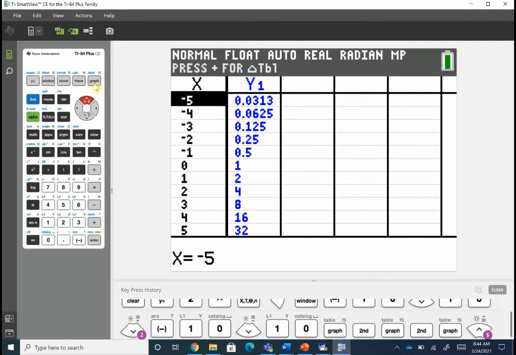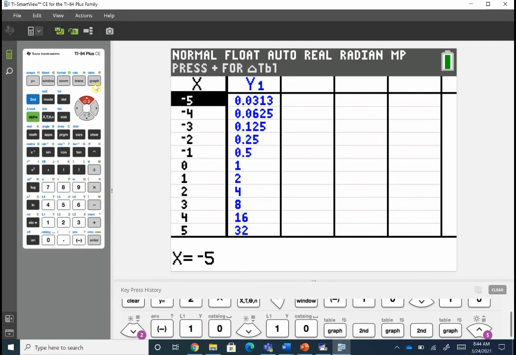So again, I pressed my second key, mine's blue, yours might be yellow depending upon the model calculator you have. And then I press the graph key. Now you might have to scroll a little bit. Look at my x values. I have -5, -4, -3, -2, -1, 0, 1, 2. If you're on a different part of your table, just scroll.